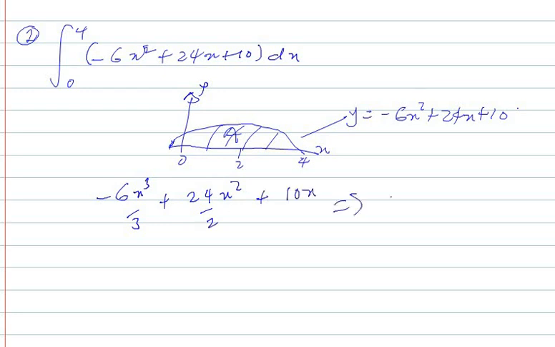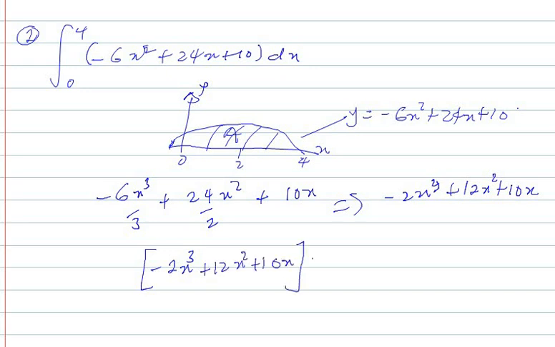This gives minus 2x cubed plus 12x squared plus 10x. So substituting our limit, we have minus 2x cubed plus 12x squared plus 10x, and our limit is from 0 to 4.